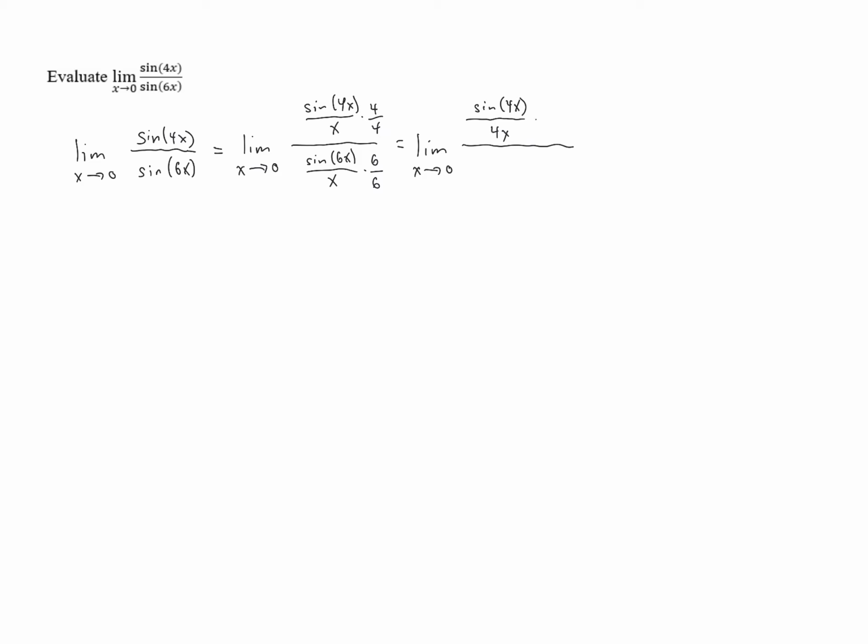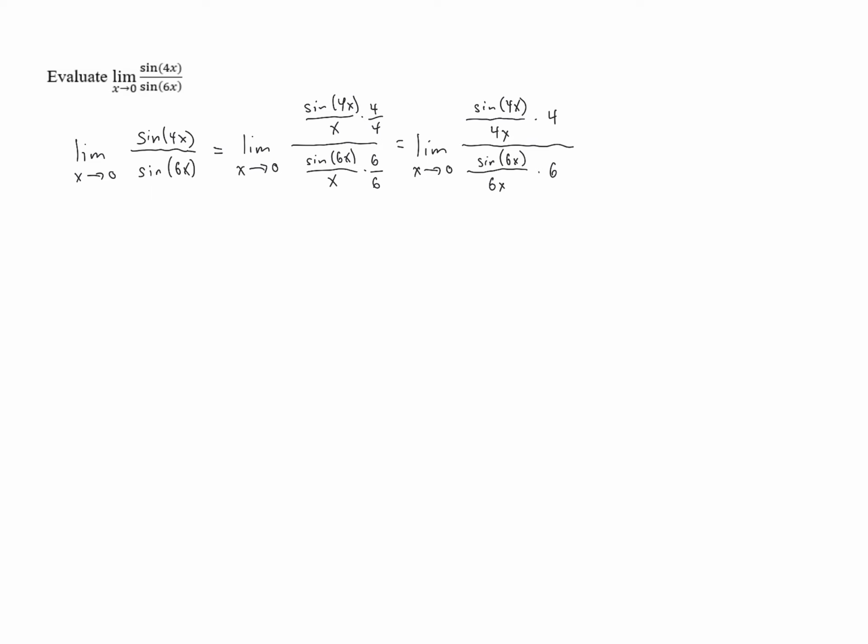And then that's just going to be times 4 over 1 on the outside, which is just 4. And then we're going to do something very similar in the denominator. We're going to write this as sine of 6x over 6x. We're going to have that be times 6 because we're taking this 6 in the little denominator and moving it over there.